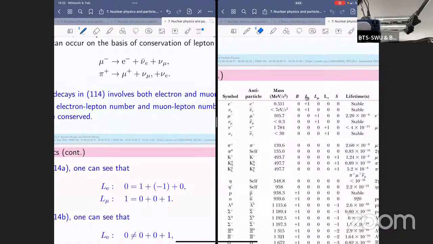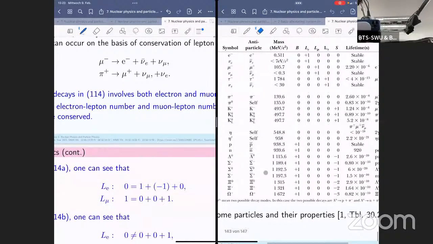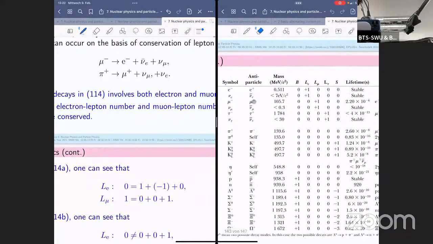In terms of lepton number, the pion plus has 0 lepton number, so we write down 0 here. And muon plus has 0 lepton number too, so we write down 0 for the muon. And the muon neutrino has 0 electron lepton number, so we write down 0.